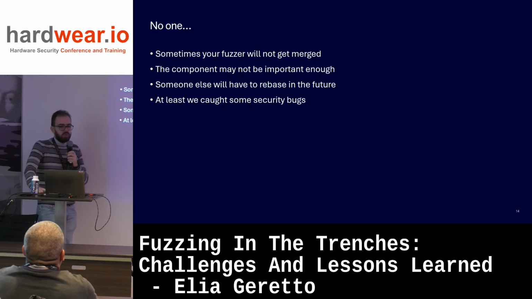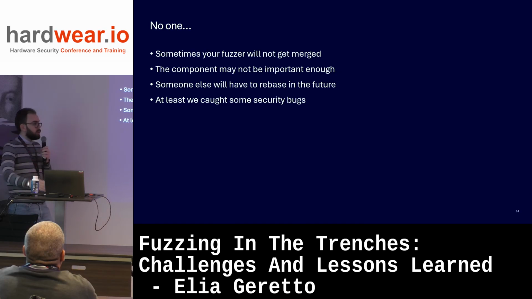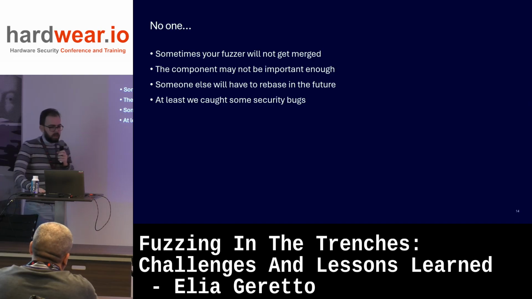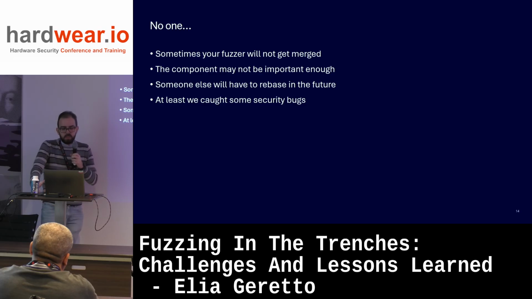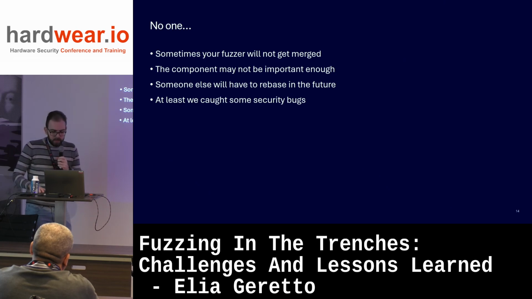So at least there's a starting point for someone else that will need to conduct a review in the future, because it will need to happen again. And at least you caught some security bugs, but obviously some stuff may sneak in that is introduced in the meantime. But sometimes this is all you can do.